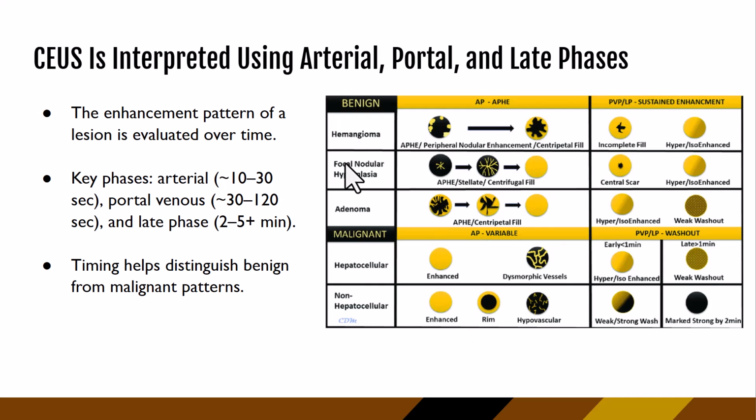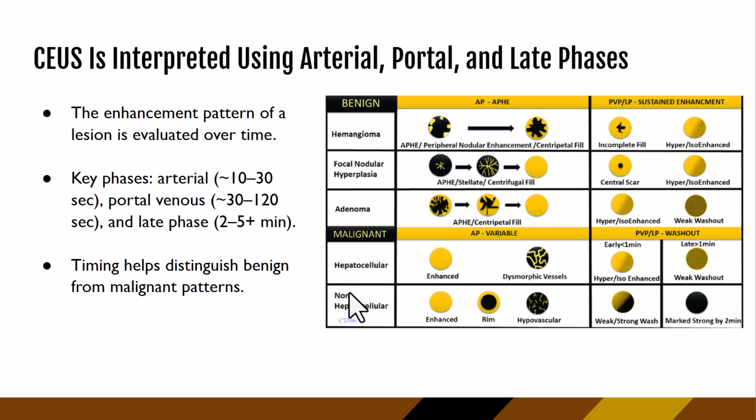So hemangioma, focal nodular hyperplasia, and adenoma, all benign, are slowly going to bring that contrast in. And then in the later part of the arterial phase, they'll be completely or mostly completely filled in, and then it stays. And that's a big pattern that we see with benign. Slow to fill, slow to wash out.